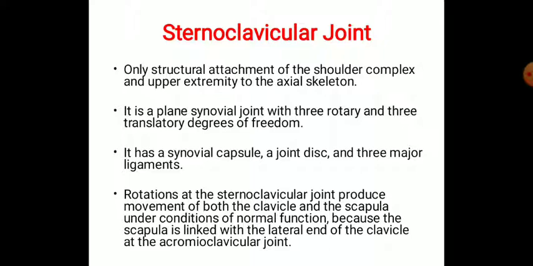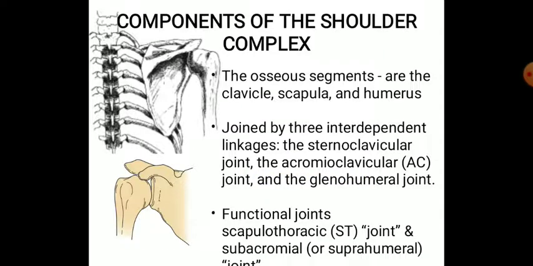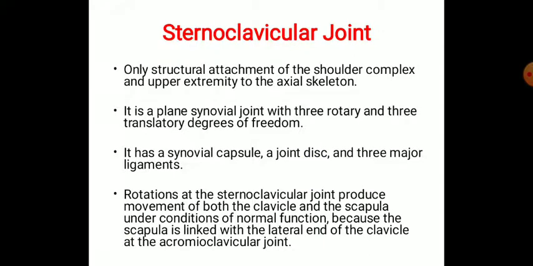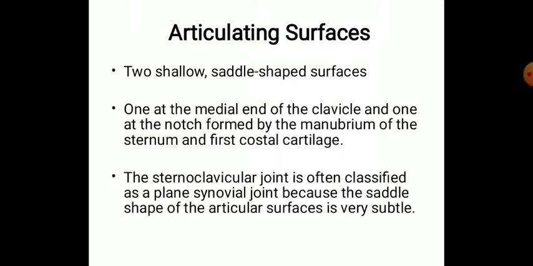As I said earlier, the medial end of the clavicle is attached to the manubrium of the sternum, and the lateral end is attached with the acromion process of the scapula. So whenever there is a scapular movement, the clavicle may tend to move, and whenever there is a clavicular movement, the scapula will also move accordingly. These are the features of the sternoclavicular joint.